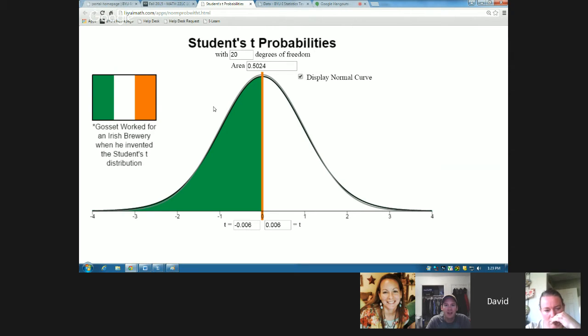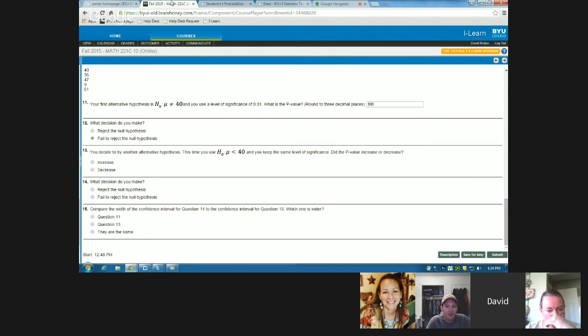Yeah, just the left side, and so it decreases. Now it's 0.5024. Okay, so it decreases, and it's still greater than 0.01 though. Yep. So we would still fail to reject.